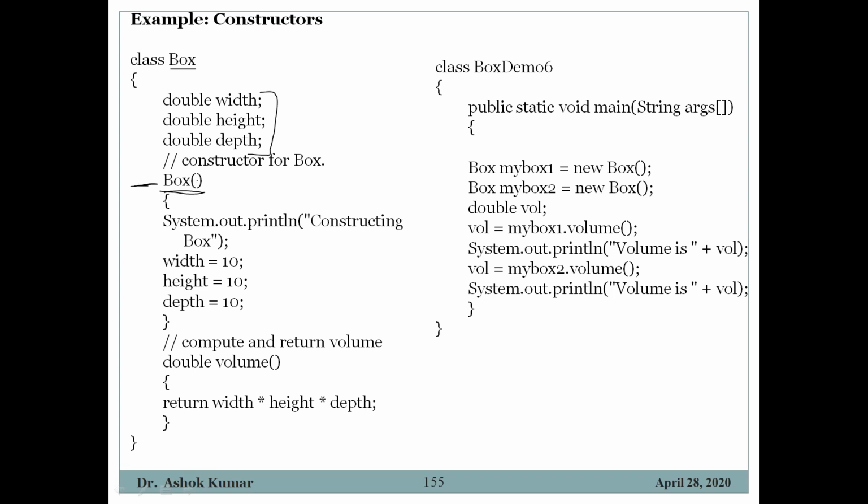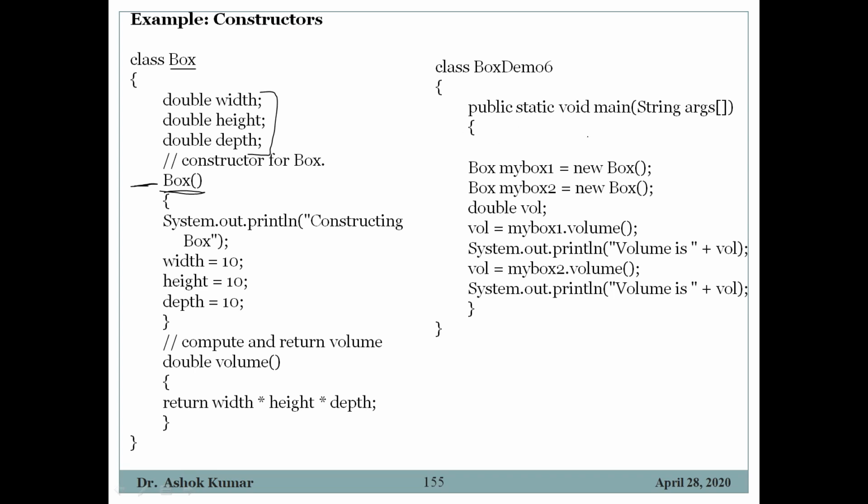And constructors can be non-parameterized, as in this case the constructor is not having any parameter, and they can be parameterized. Sometimes the books use this word, non-parameterized constructor. The next is the method volume. We have discussed this a lot, so I'm not going to discuss that. So this Box class ends here.